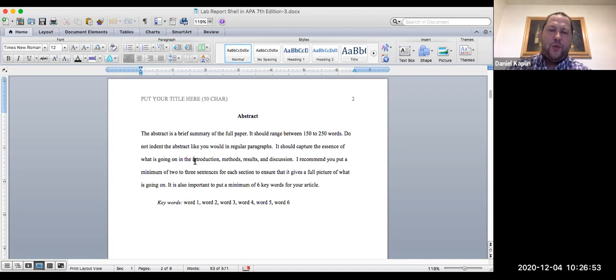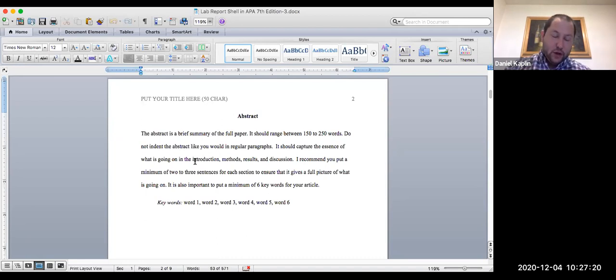And then afterwards, you're going to suggest a minimum of 6 keywords for your article. Again, we're treating this as if you were submitting this to a journal for publication. So you're going to offer 6 keywords. And you may recall from earlier in the semester, you had to find articles.